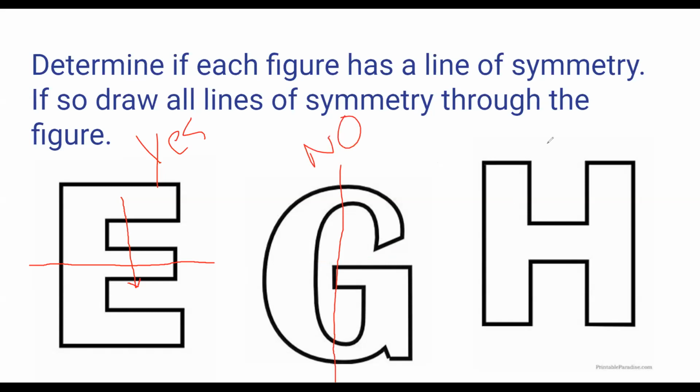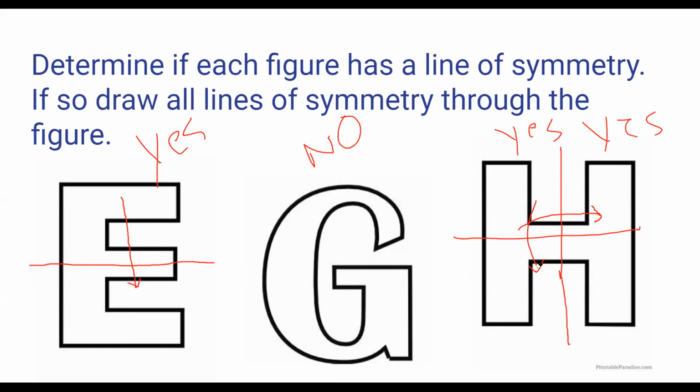And then the H, if I fold it across, it has a line of symmetry. But also if I fold it up and down, so if I fold the top onto the bottom, it also has line symmetry that way. To represent if it has line symmetry or not, you simply draw a line where it would.